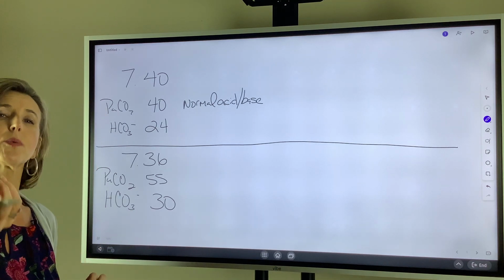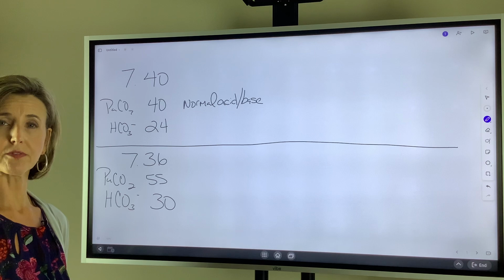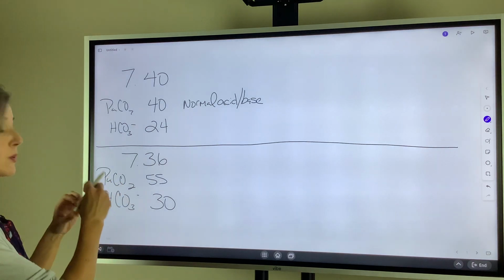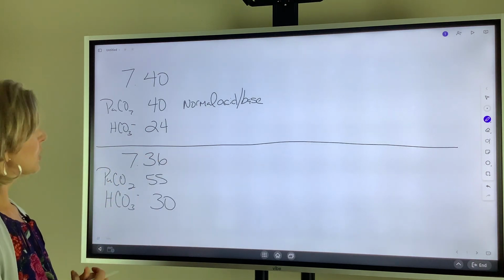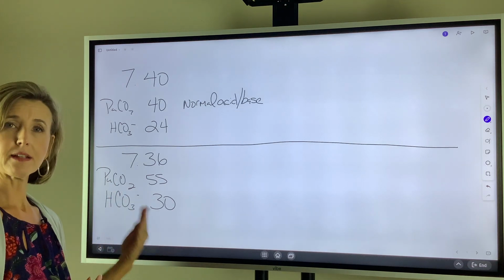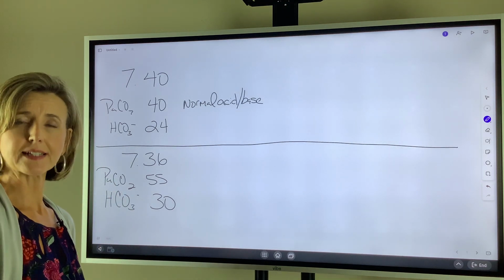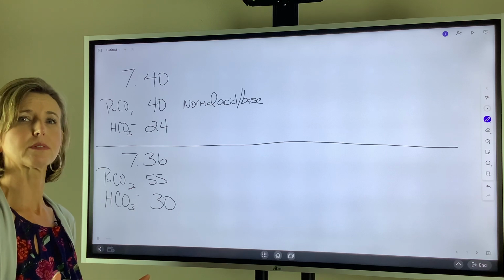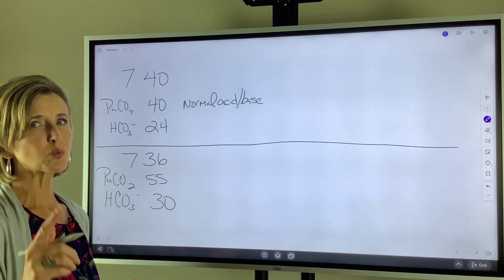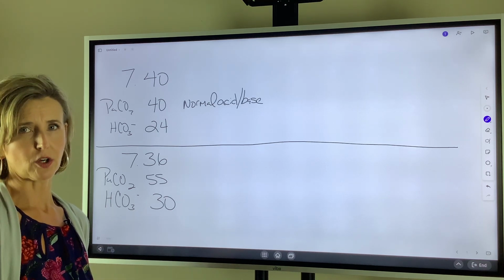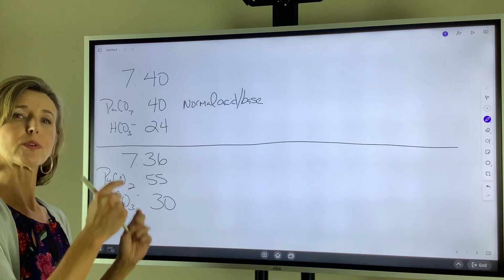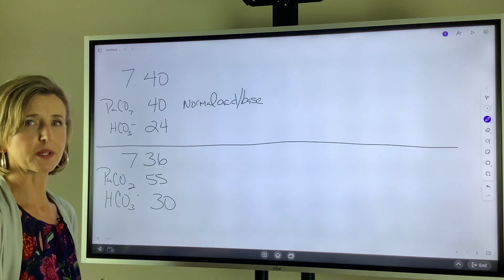And so let me tell you what I mean when I say descriptive terminology. Because if we were to interpret this formally, you would tell me this is a fully compensated respiratory acidosis. And that's absolutely right. But in clinical practice, we don't always use that terminology. So let me step you through why we use the descriptive terminology.